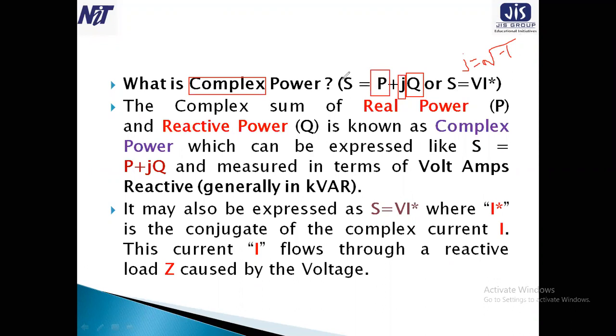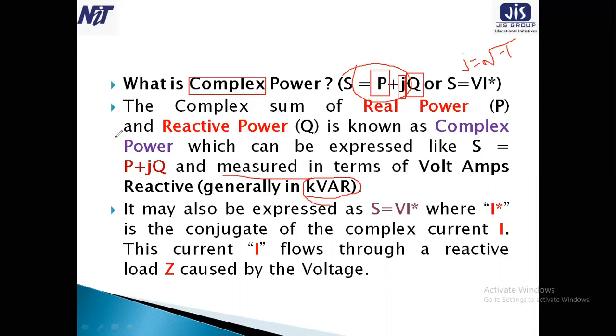That is represented with this equation, S equals P plus JQ, the complex sum of real power and reactive power. It is expressed and measured in volt amperes reactive, kVAR.